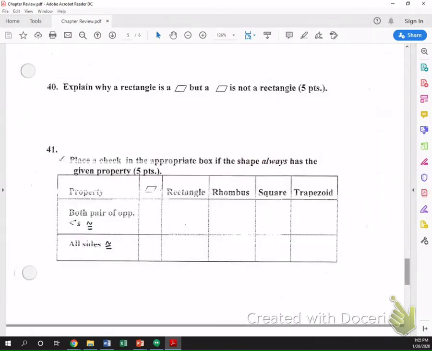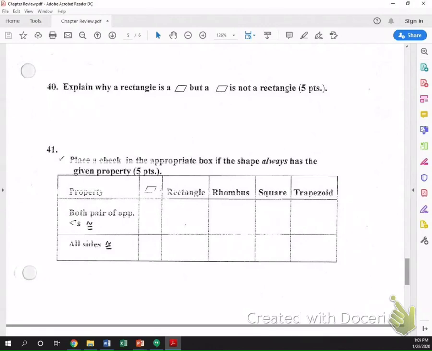Number 40 says, explain why a rectangle is a parallelogram, but a parallelogram is not a rectangle. You guys gonna research that one on your own tonight? Yes.